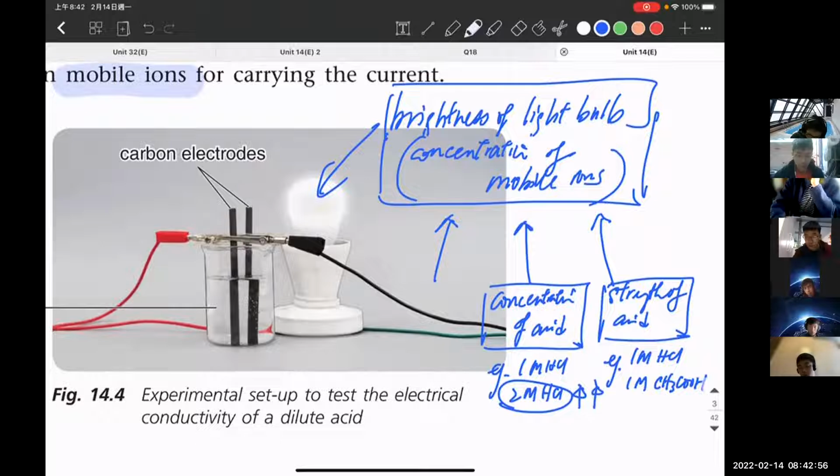HCl and ethanoic acid, which one will make the light bulb brighter? Ethanoic acid. Agree? How about the others? All agree? No idea.